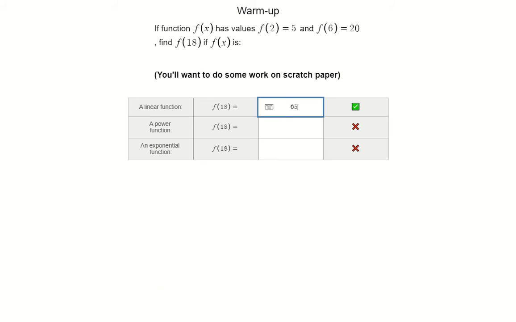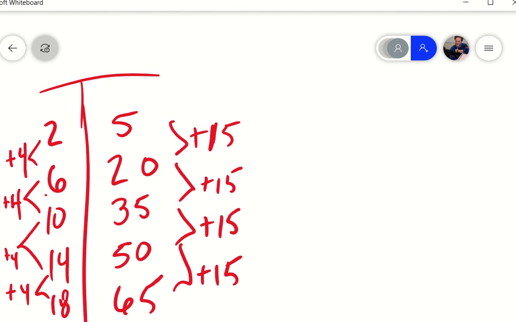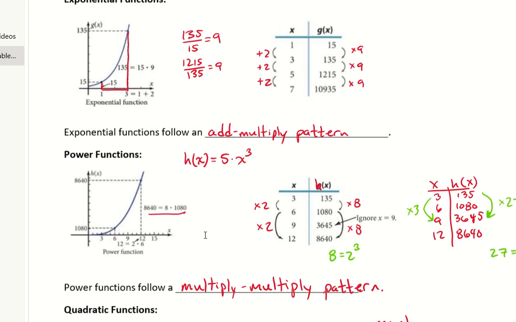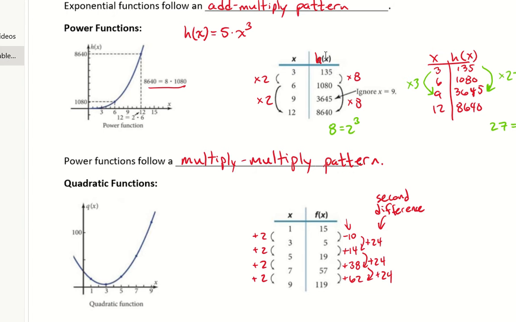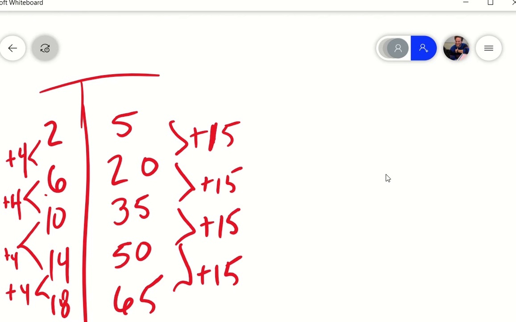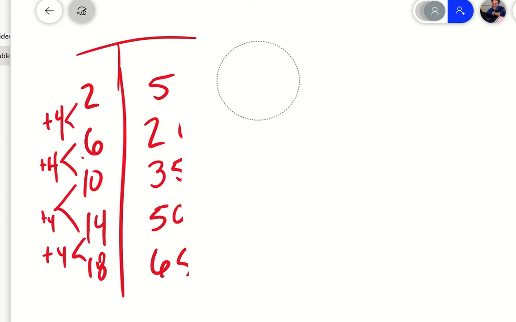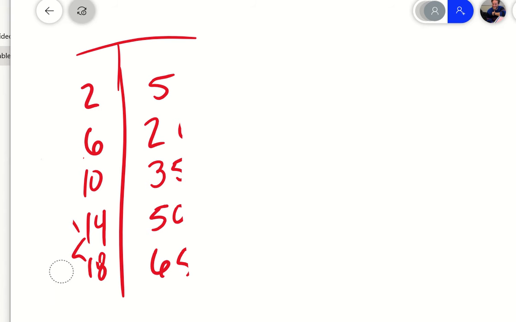Now we're going to do it for a power function. Power functions follow the add-multiply pattern. So we're going to look for some numbers that are factors of each other on the x side. Let me erase this. On the x side, we're looking for a way to multiply our way up to 18.